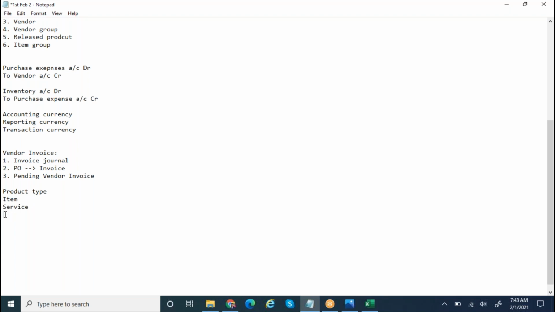I think we have discussed it, but let me recap. I don't remember whether I discussed it in detail or not. Item type item means air conditioner, washing machine, LED, projectors, laptop, mobile, tables, chairs.